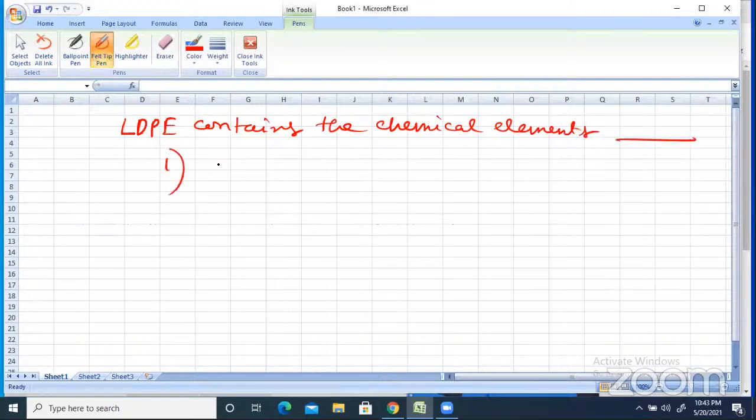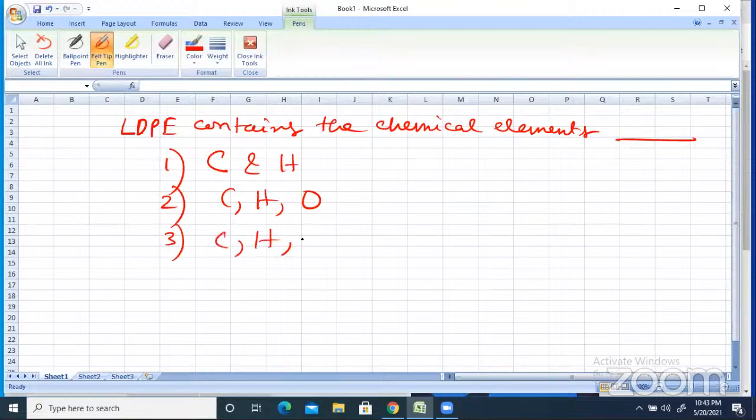Options are: carbon and hydrogen; carbon, hydrogen and oxygen; carbon, hydrogen and nitrogen; carbon, hydrogen, nitrogen and oxygen. Which one is correct? All polymeric chains are hydrocarbons, you all know.